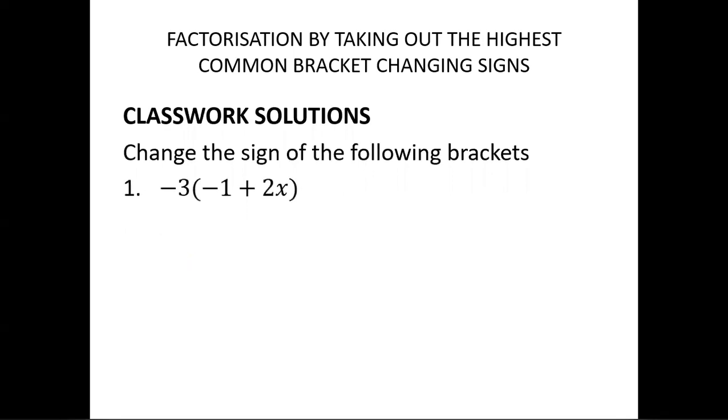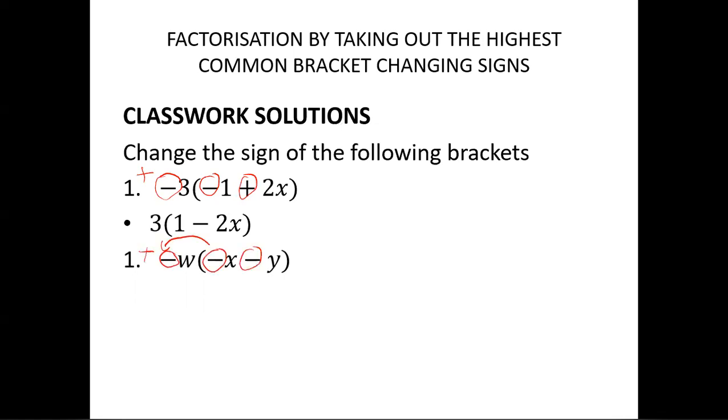If I take out negative as a common factor, this will tend to positive, that will tend to negative. But because I already have negative outside, that negative will also change and become positive. Similarly here, this will tend to positive, that will tend to positive, and as I take negative out as a common factor, that will also tend to positive.